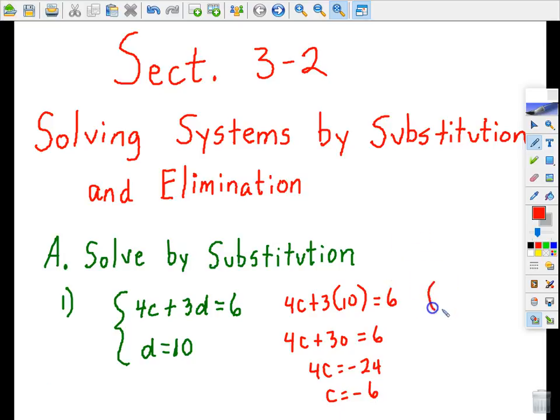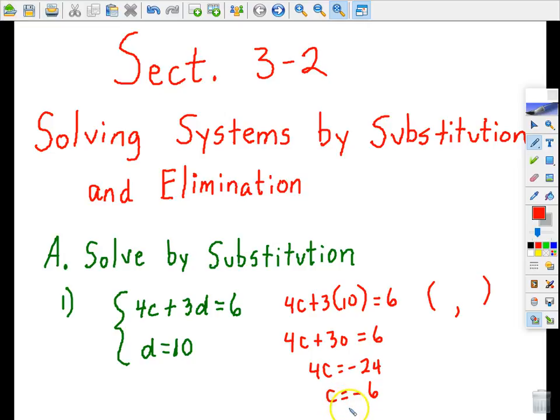So as an ordered pair, just like you did when you were solving using the graphing method and we showed our answer, if there was a solution, we showed it using an ordered pair. Do the same thing here, and don't be confused by variables other than x and y. I know we're always used to seeing coordinates as this is the x coordinate and this is the y coordinate.